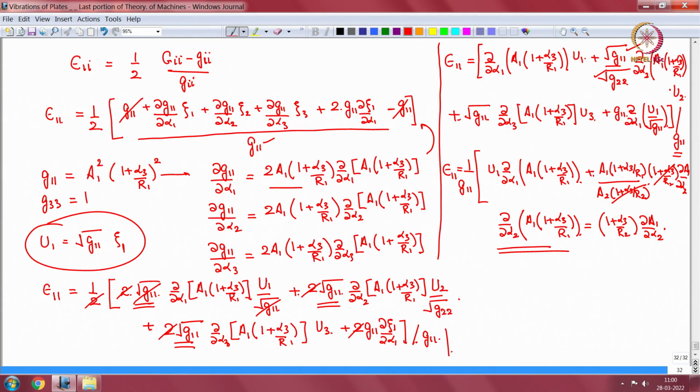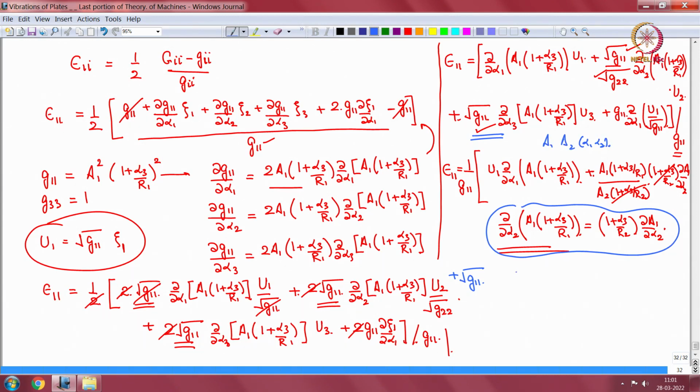Okay, and here in this term, so this is just the explanation, okay, in here now I have plus root G11. A1 and A2 are functions of alpha 1 alpha 2 only, surface properties, okay, not of alpha 3.